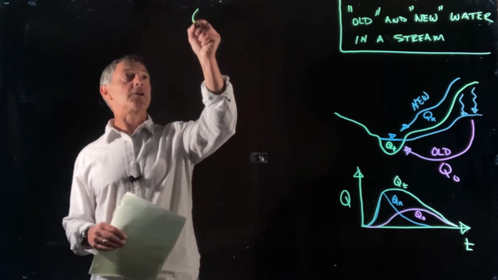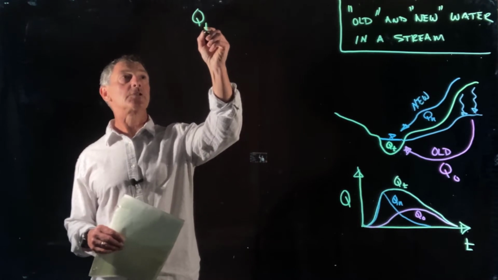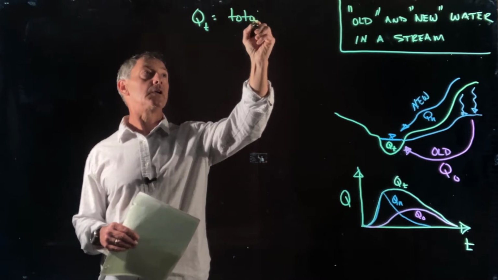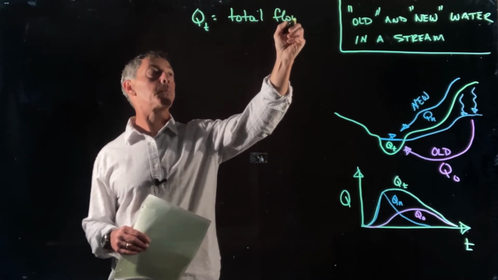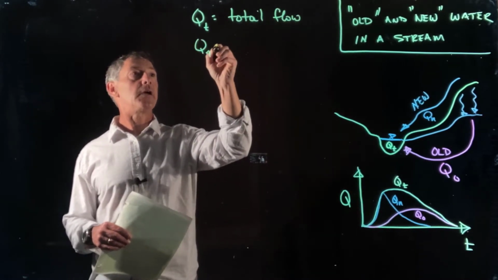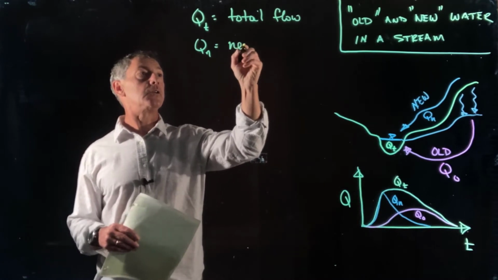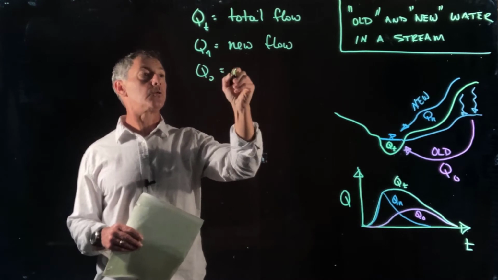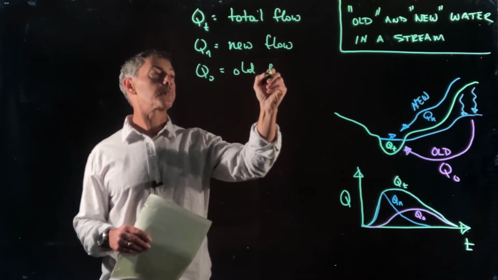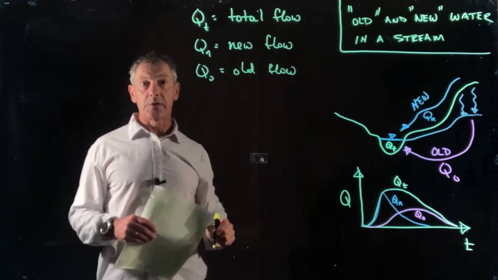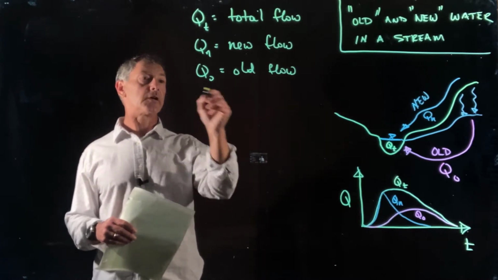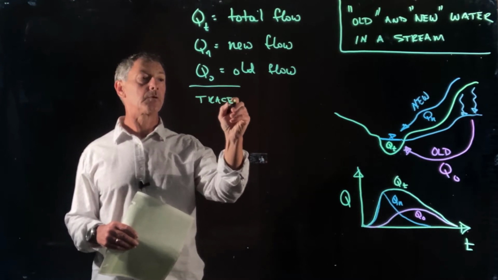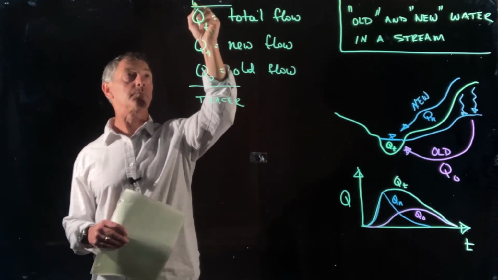So let's define our terms. We have the total discharge, Qt. I'll just call that total flow. And then Qn is the new water flow, and Qo is the old water flow. Then we have the concentration of our tracer. This is water.